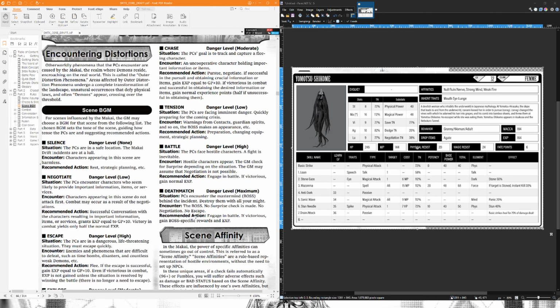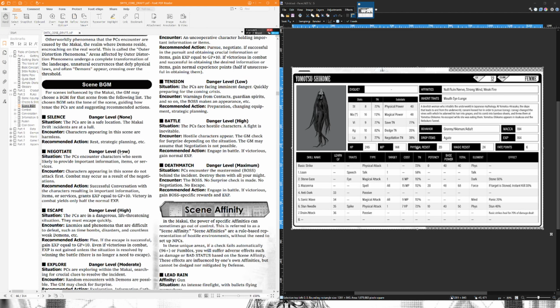The scene BGM and the scene affinities, I don't really get them. These all sort of imply you would use them as a way to negotiate here.